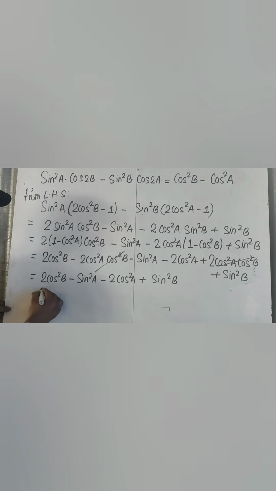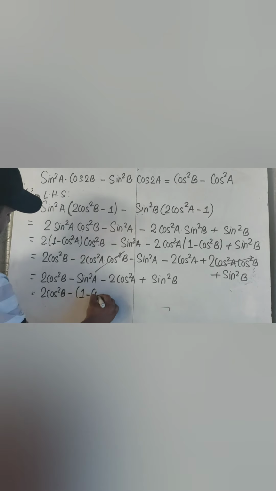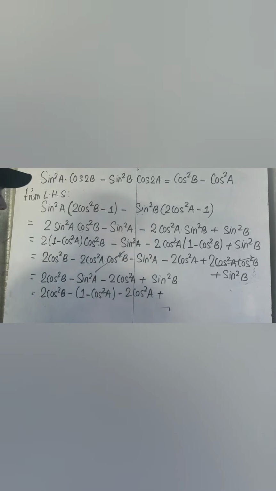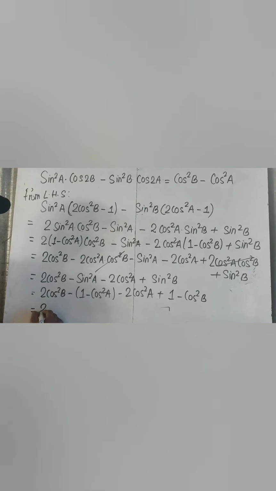Now sin square A is 1 minus cos square A. Sin square B is 1 minus cos square B. Remove the bracket.